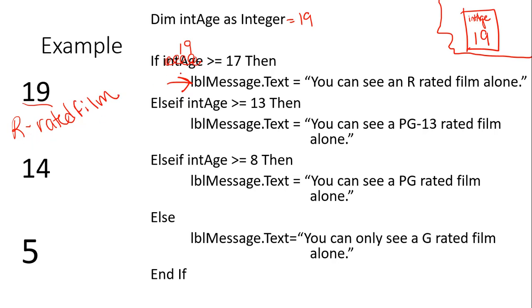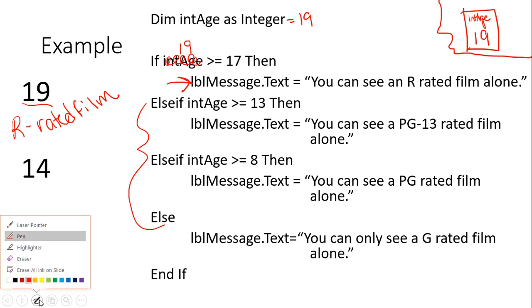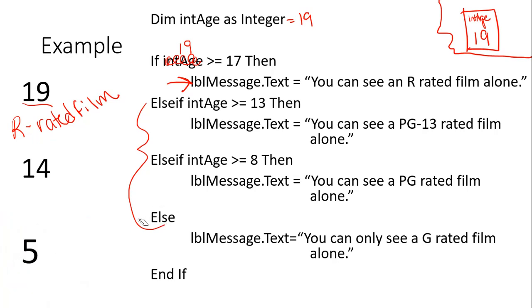Now, since we have displayed that, everything else is null and void. We're not going to look at those. These are only used as backups in case the first one did not work. So only one thing will display. If you go into an if, you will not look at the rest. You're going to go immediately to the end if.